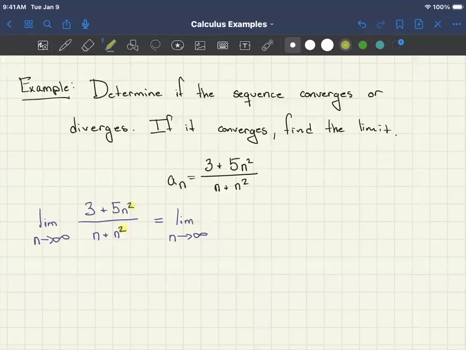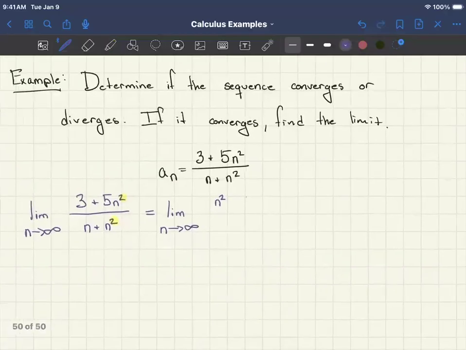In this case, it's n squared, so we're going to pull an n squared out of both the top and the bottom. When we pull an n squared out of the numerator, we get 3 divided by n squared plus 5. You can distribute that back in to double check and make sure that we did that correctly.